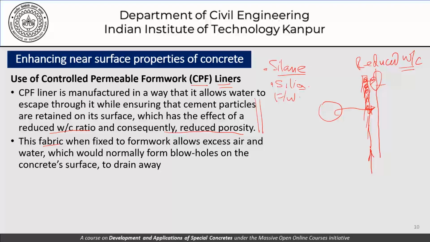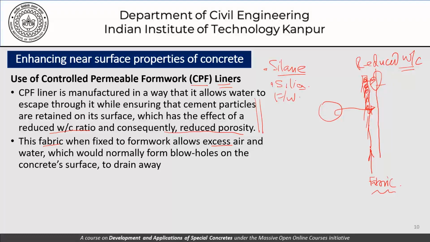The CPF liners are typically fabrics like cloth. This fabric, when fixed to formwork, allows excess air and water which would normally form blowholes on the concrete surface to drain away. So now you understand this better. So this is the fabric that we are talking about, which is a special fabric, and we need to choose those fabrics, evaluate those fabrics, and then finally try to use them.